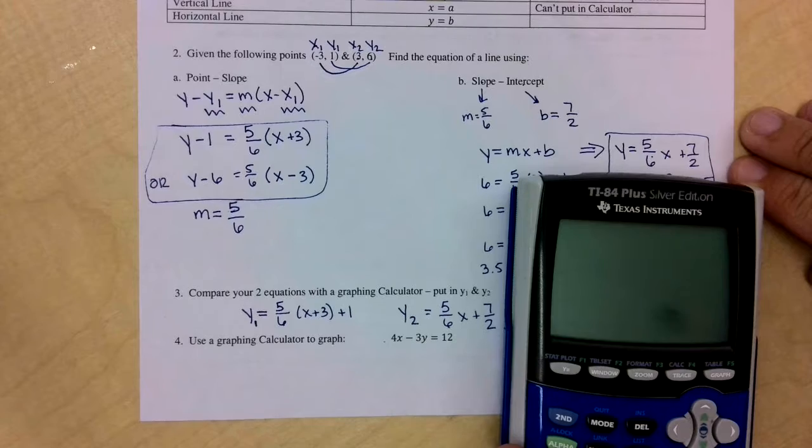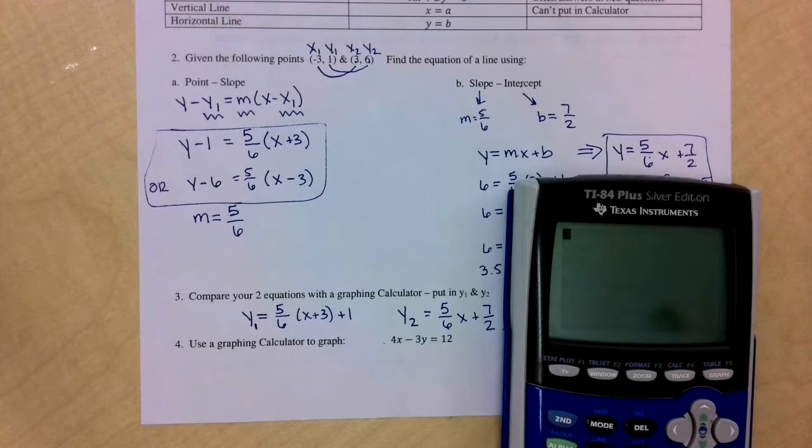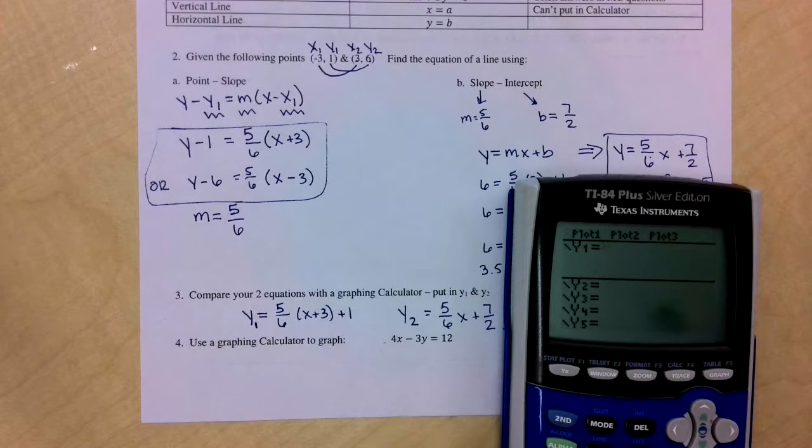So we'll go to the graphing calculator here. So I'll hit y equals, clear out anything that might be in there. y1, anytime I do a fraction, parentheses are helpful. 5 divided by 6. Then type it in exactly like how you see it. Parentheses, x plus 3 plus 1.